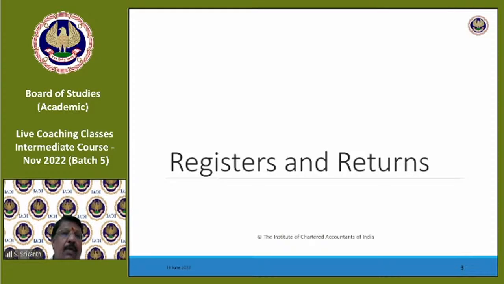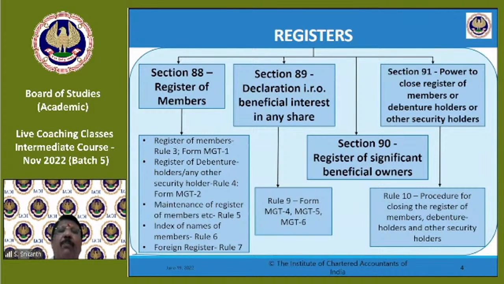Right? So some of the important registers are the register of members, governed by Rule 3, and also the register of debenture holders, governed by Rule 4, and the index of names of members, etc., and certain rules about maintenance of these registers. Section 89 deals with declaration in respect of beneficial interest in any share.